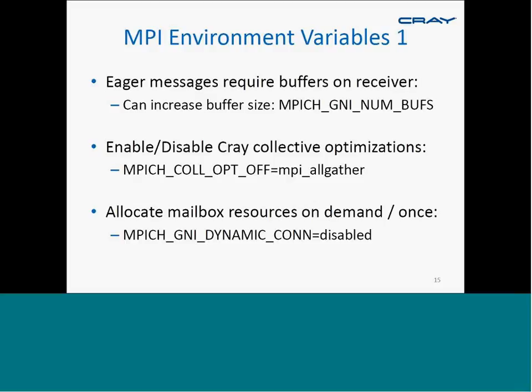We can tune the number of those buffers. So if you know that your application sends a lot of those small messages that take the eager pathway, it could improve performance to be sure that you have enough of these eager message buffers available. Otherwise, there's going to be some blocking.